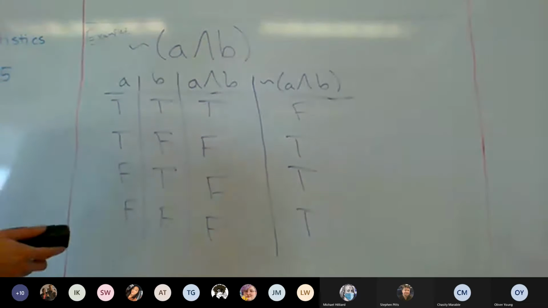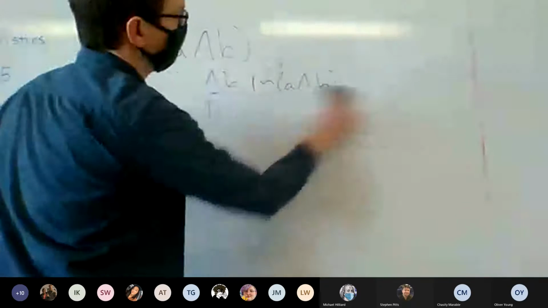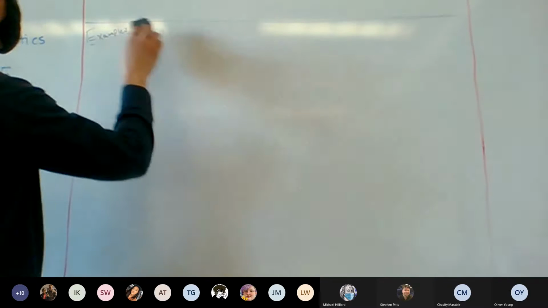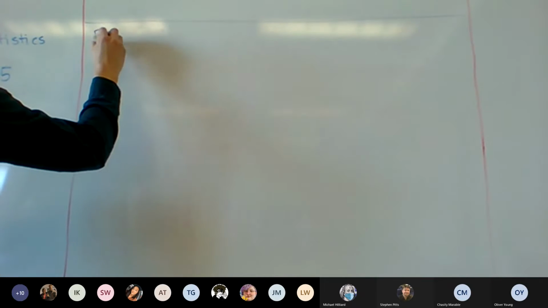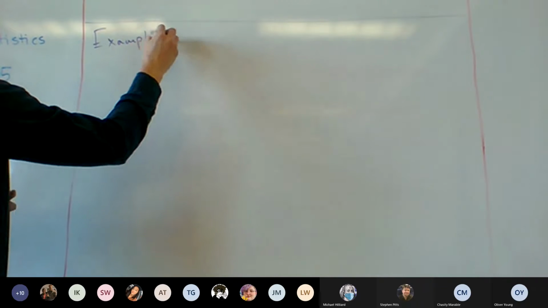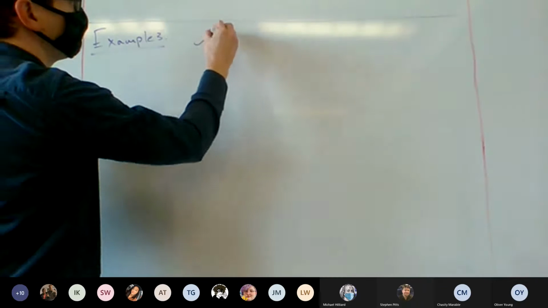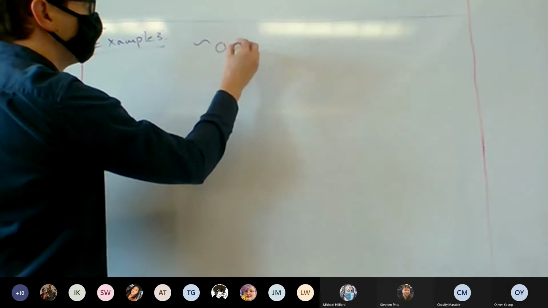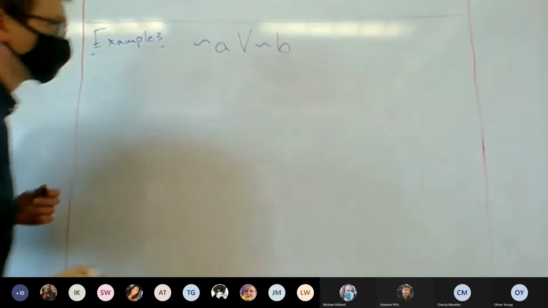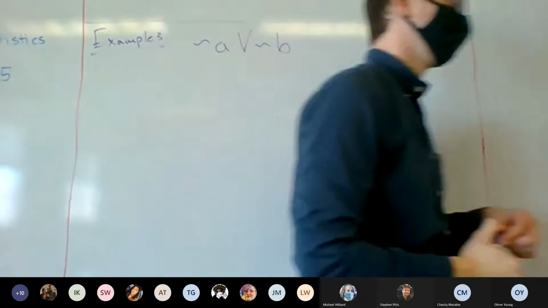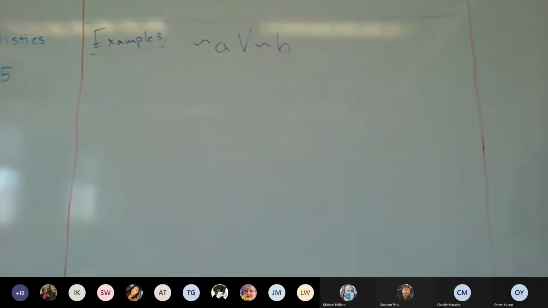Cool. Let's do a similar one. Example 3 will be the negation of A or the negation of B. Okay, so first 2 columns.